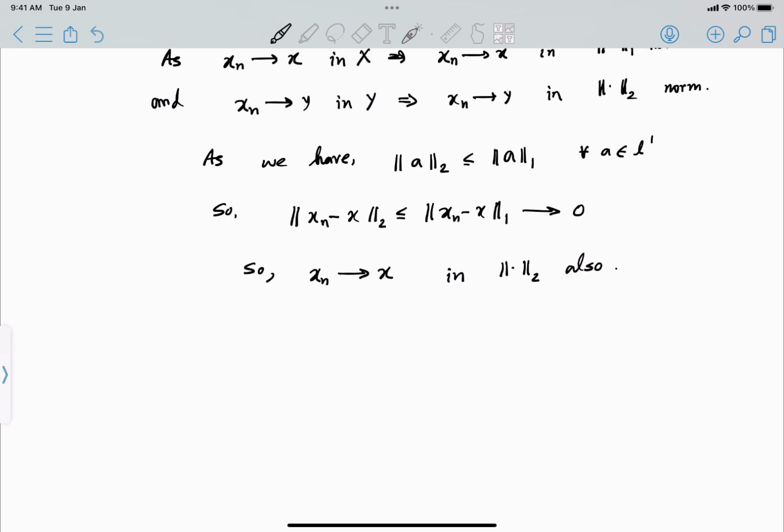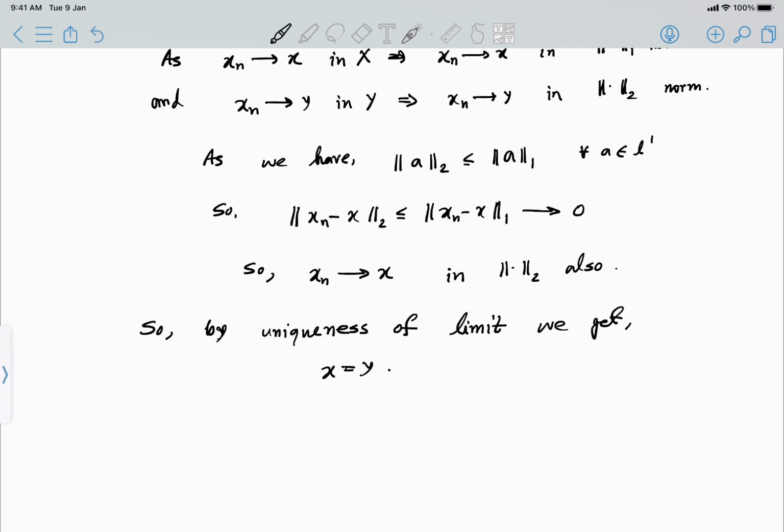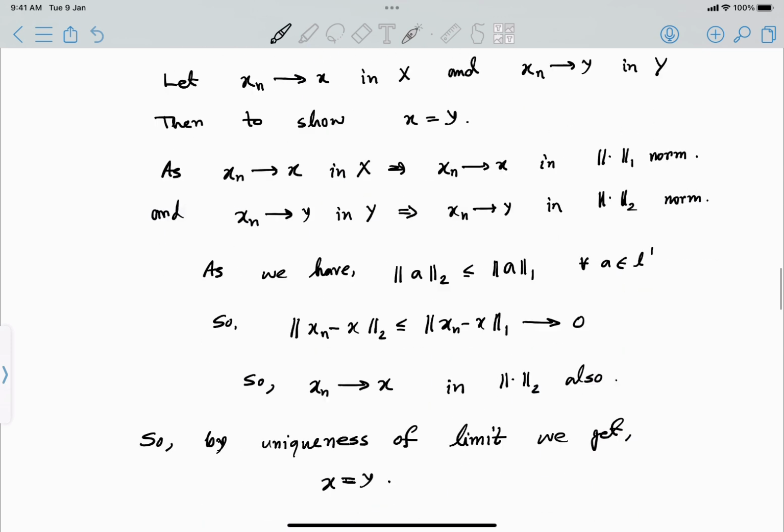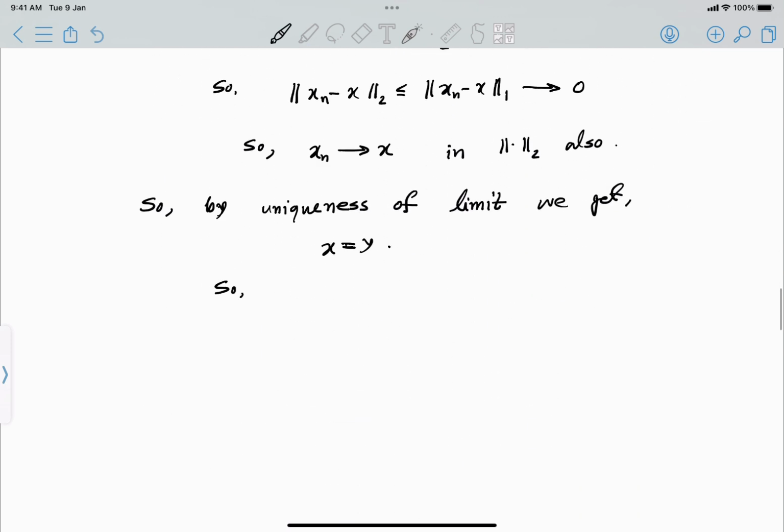And as xn converges to both x and y in L2 norm, by uniqueness of the limit, we get x equals y. Okay, so the graph of T is closed.